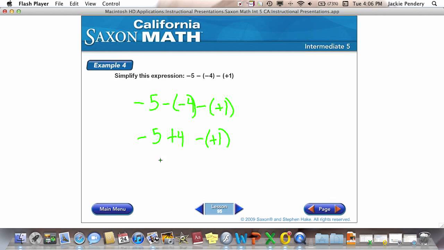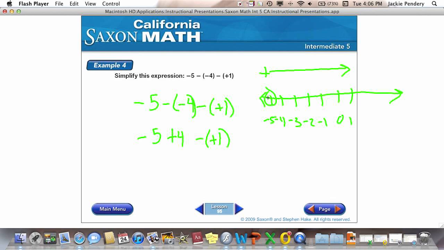Okay, negative 5 plus 4. If we draw that number line, negative 5, negative 4, negative 3, negative 2, negative 1, 0, 1. If I start at negative 5, because I am adding a positive, I'm going to move to the right 4. So 1, 2, 3, 4. So negative 5 plus 4 equals negative 1. And now I bring down the rest of my problem.